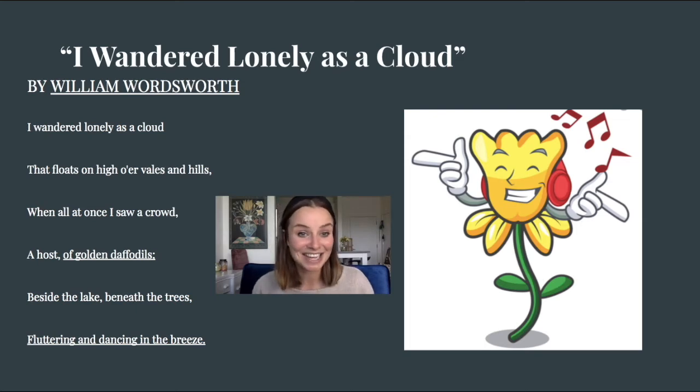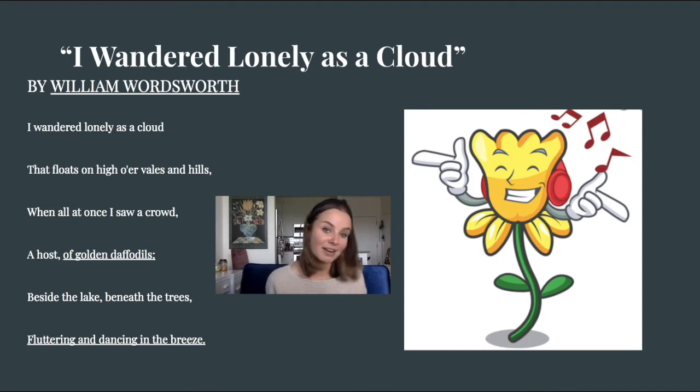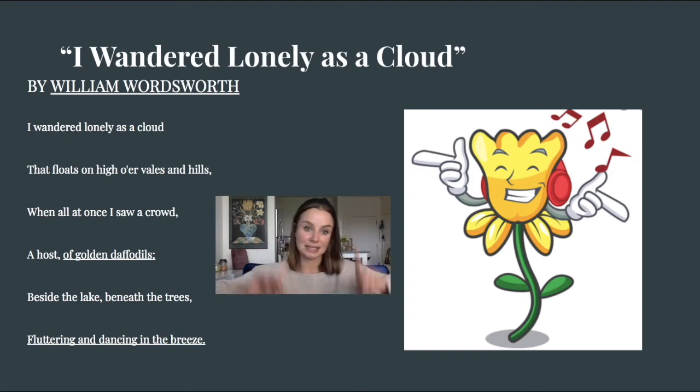So as you can see, I have underlined the use of personification in this poem. The inanimate object that's being personified is a daffodil, which is living and breathing, but it doesn't have human-like characteristics. The human-like quality that is attributed to the daffodil is dancing in the breeze. Daffodils could flutter in the breeze, but do they dance?